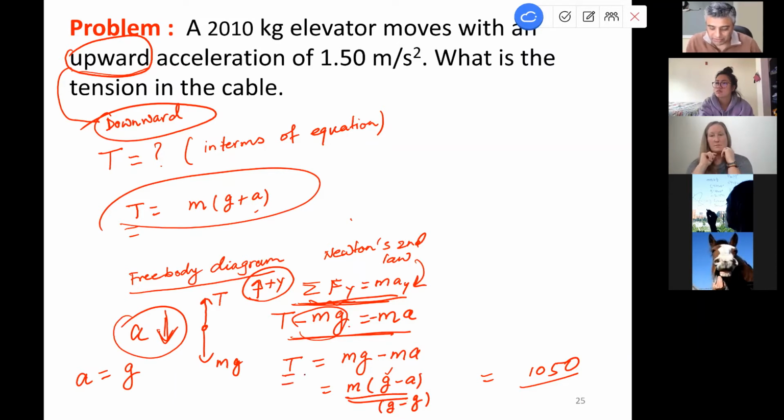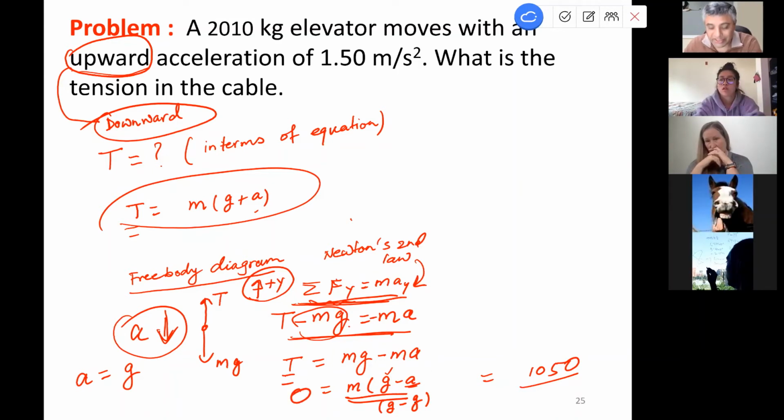So it's telling me tension is 0, which means you are in free fall. You see that? So tension depends on the acceleration, and if acceleration is equal to g, you are in free fall. Or when you are in free fall, tension is 0, which means your acceleration is going to be equal to g.